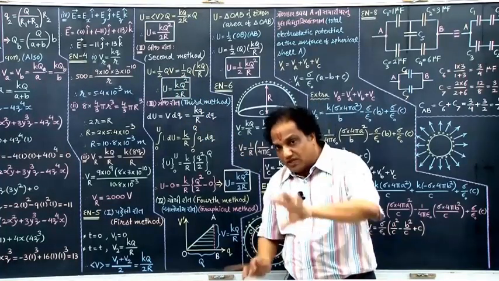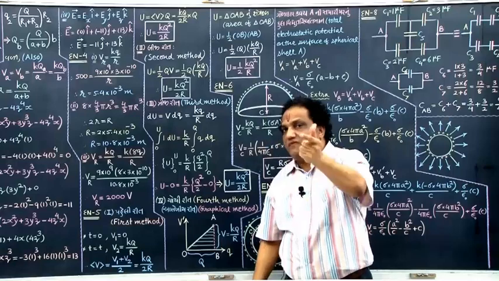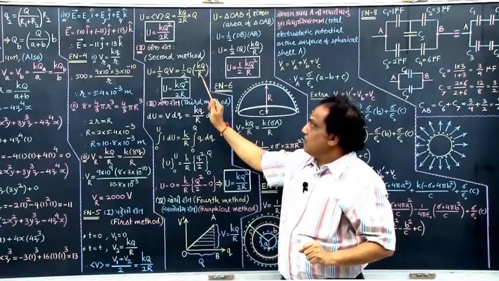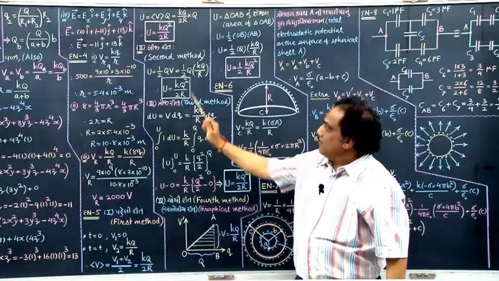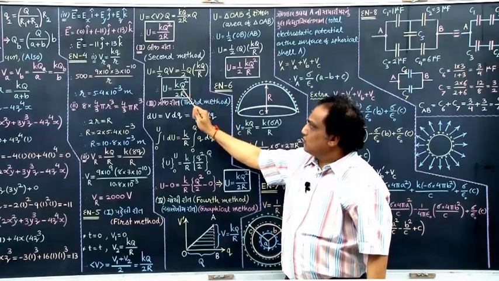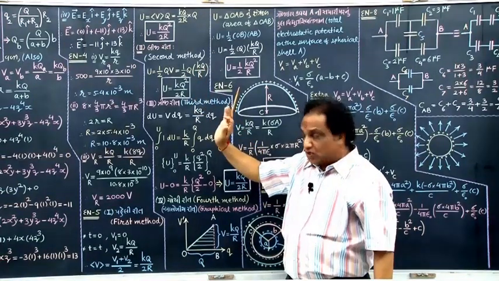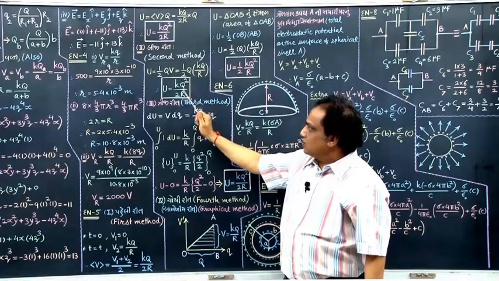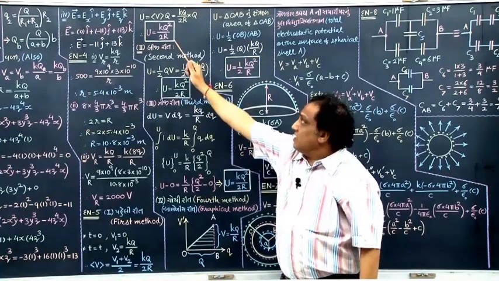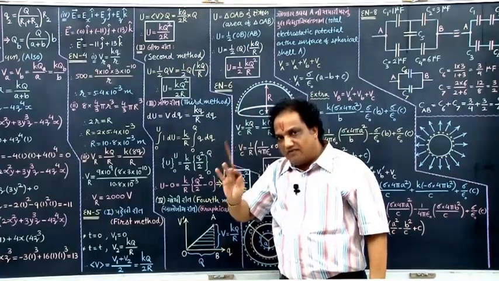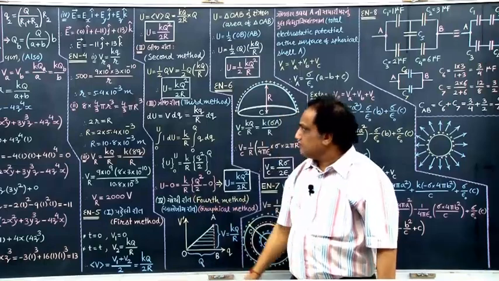It is the potential on the surface of a charged sphere given by the formula K into charge upon radius, correct? Now 1 by 2 as it is, K as it is, Q into Q, that is Q square upon R as it is. In short, kQ square upon 2R, correct? We are getting the same formula. The method is different, but every time we will get the same formula.